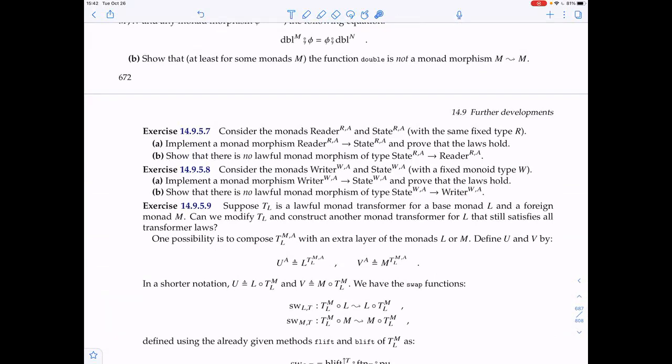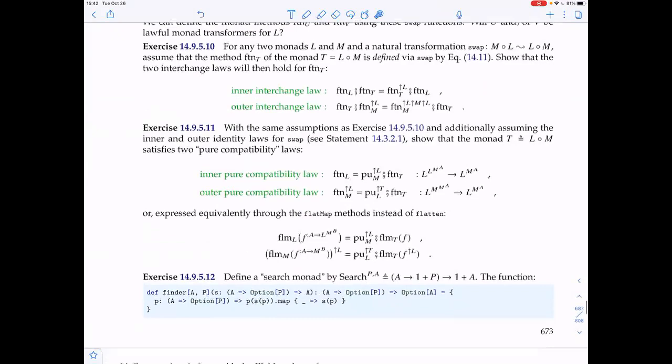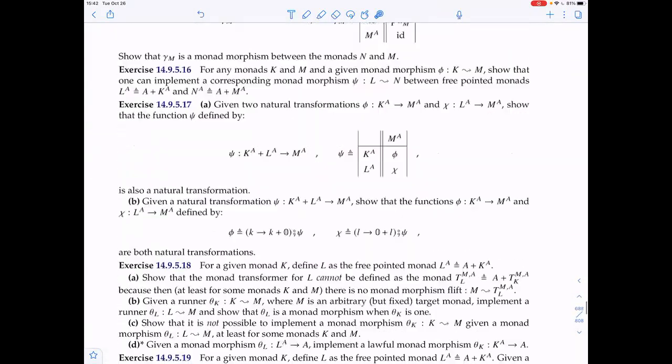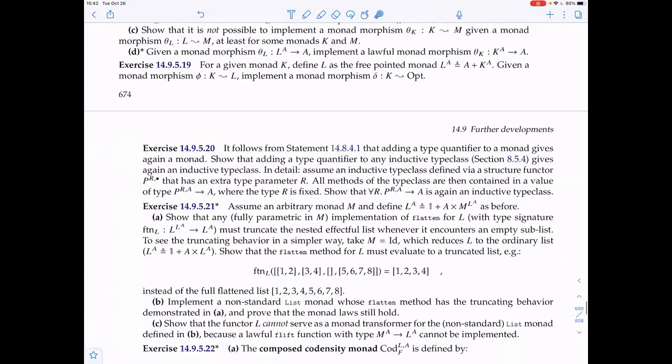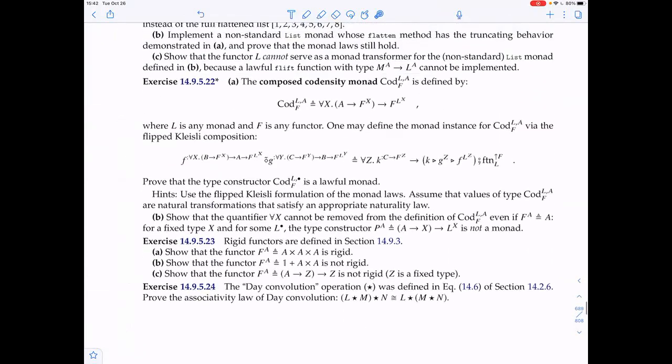So let me conclude briefly by saying that monad transformers are a very difficult construction. There is not a lot of motivation to use them, even with libraries like MTL and other monad transformer libraries. It remains quite difficult to understand and to use them correctly.